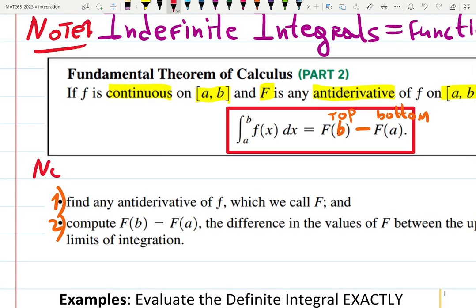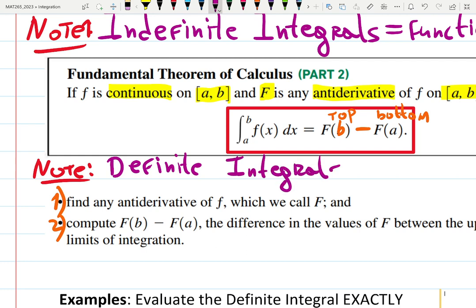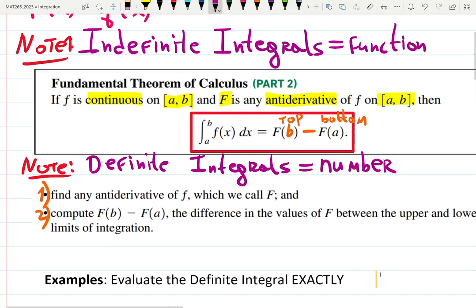And then note 2, definite integral. That is the integral that has limits of integration defined. A definite integral gives you a number or a value. It's a number. And that's a big difference. A function versus a number.